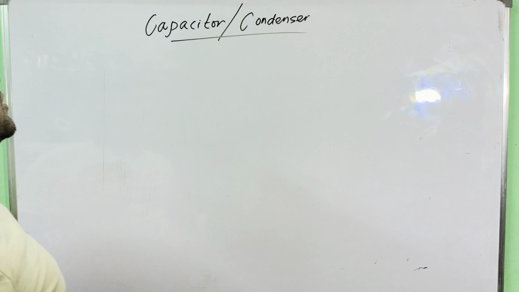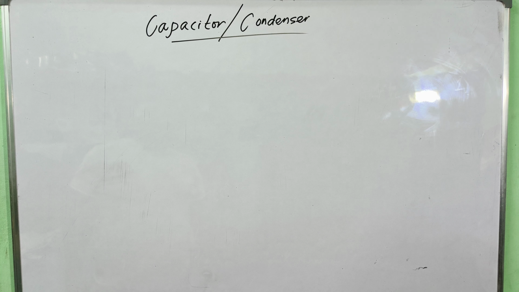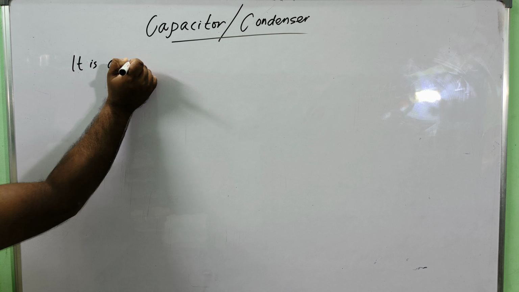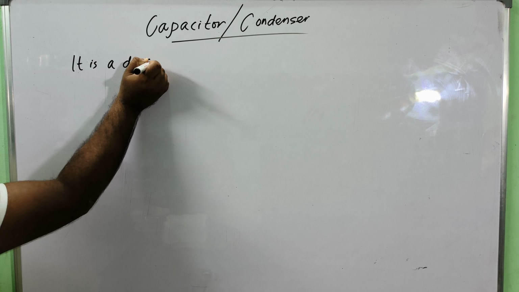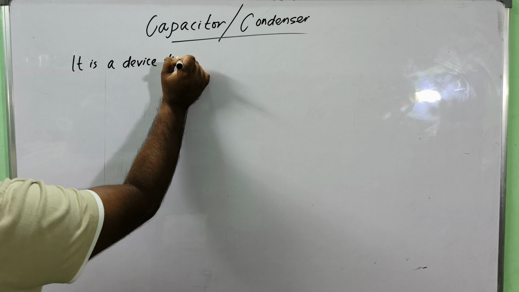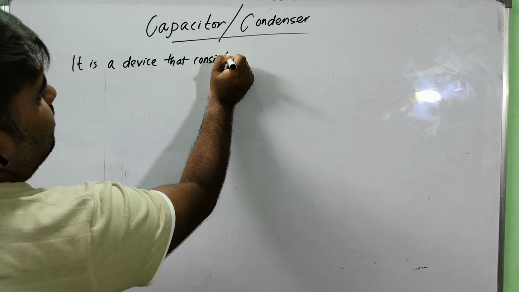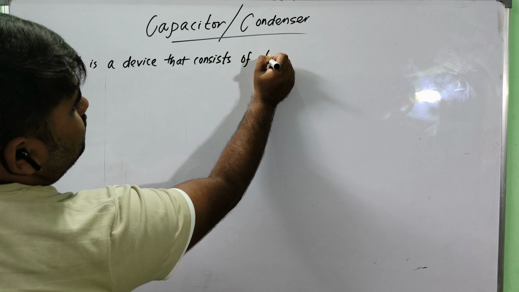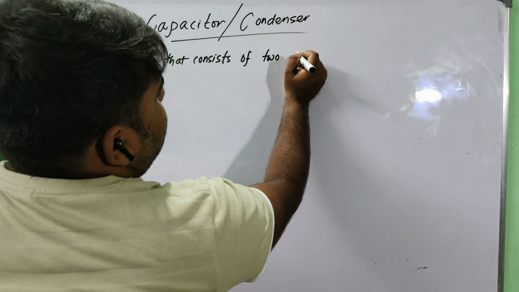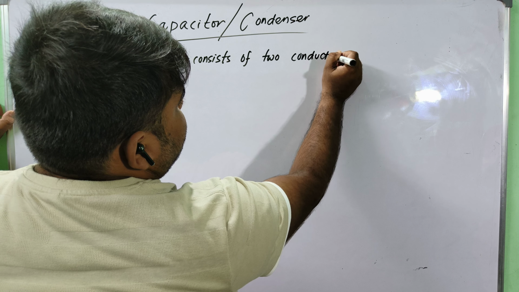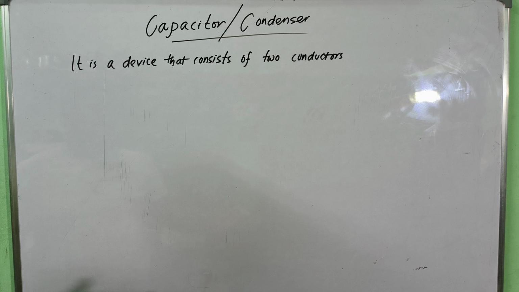So what is a capacitor? First of all, it is a device that consists of two conductors. They may be charged or uncharged. We can charge a capacitor.